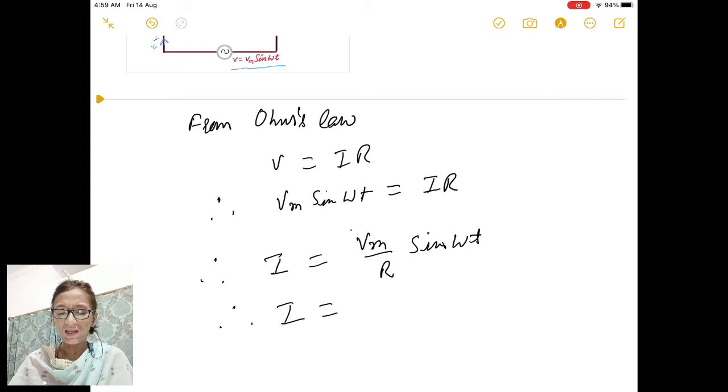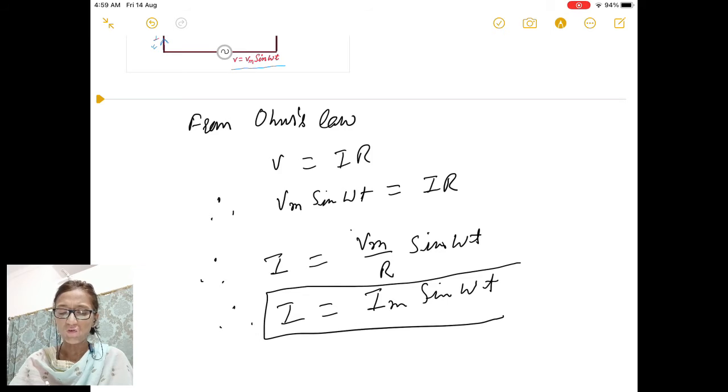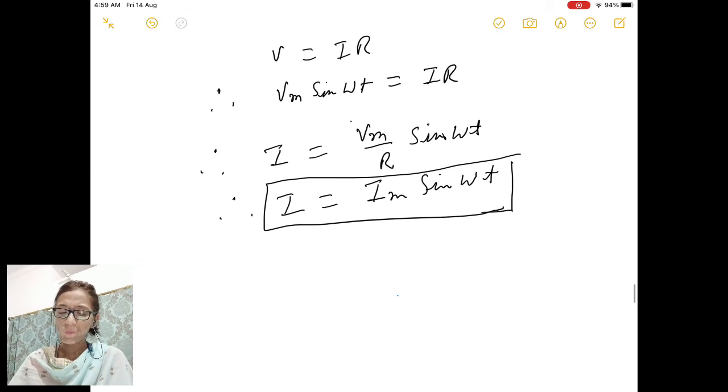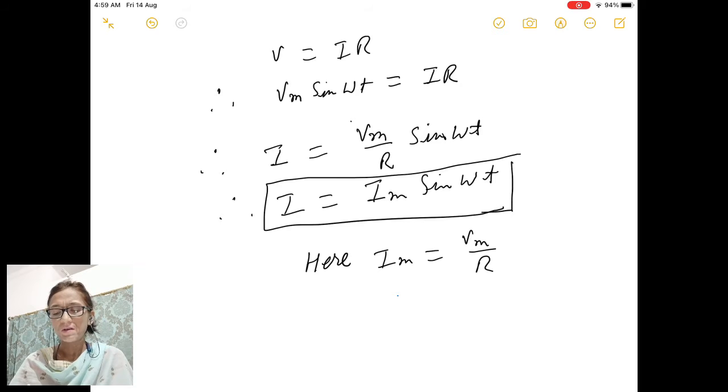Now this I can also be written as Im sine omega t. So this is the value of instantaneous current flowing through this resistive circuit. Here Im is equal to Vm upon R. So current amplitude is related to voltage amplitude by Ohm's law.